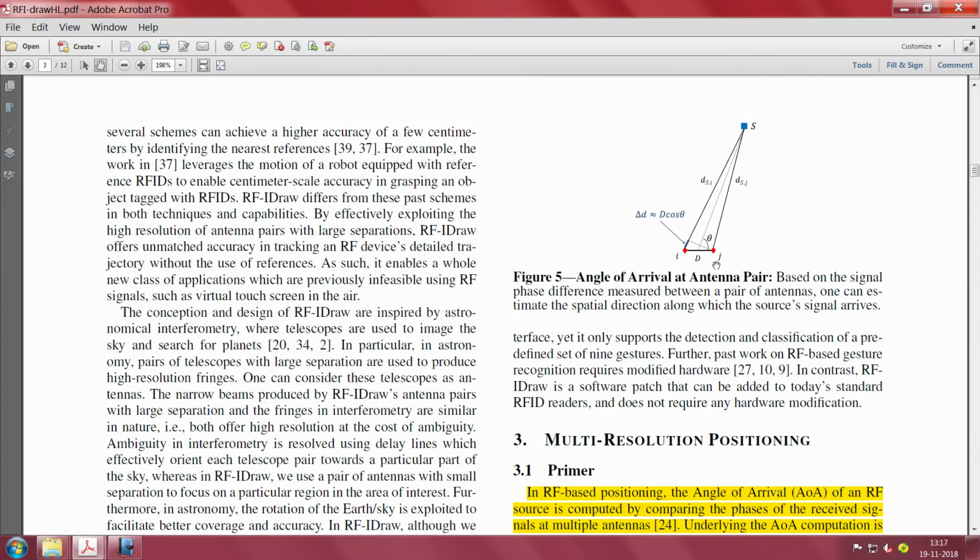In the other discussion we looked at the two phases, which were called phi 1 and phi 2. Here he has converted that into distance.